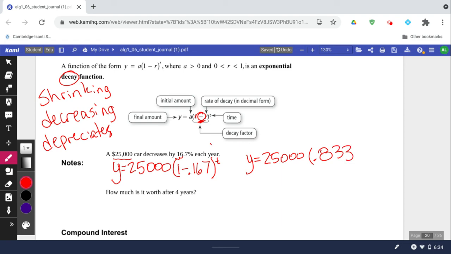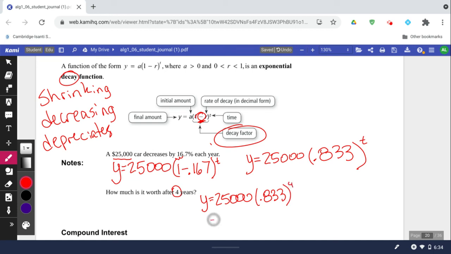We call that your decay factor after you take 1 and subtract the rate, all to the t power. So now it's ready to plug in. This one happens to be 4 years again. I don't know why I kept picking 4. Same deal, I'm going to plug everything in. 25,000 and then 0.833 to the 4th power.